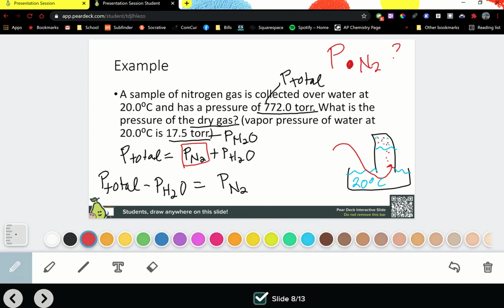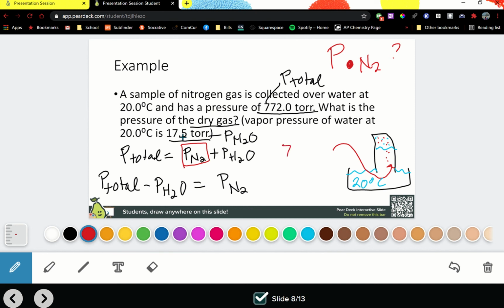I need to subtract from that my pressure of water. I'm going to set this up a little differently. So I've got 772.0 torr, and I'm going to subtract from that my pressure of water, so 17.5 torr. That's all torr. And what do we get here? 772 minus 17.5, I get 754.5 torr.